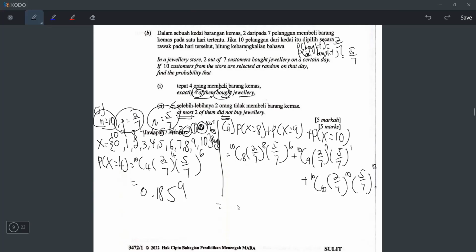So now you will get something plus something plus something, and then the final answer. Okay, let's press this. 10C8 times bracket 2 over 7 close bracket power 8 times again 5 over 7 close bracket power 6, power 2. Why did I write 6 here? This should be 2, right? Luckily I saw the mistake now. So power 2.